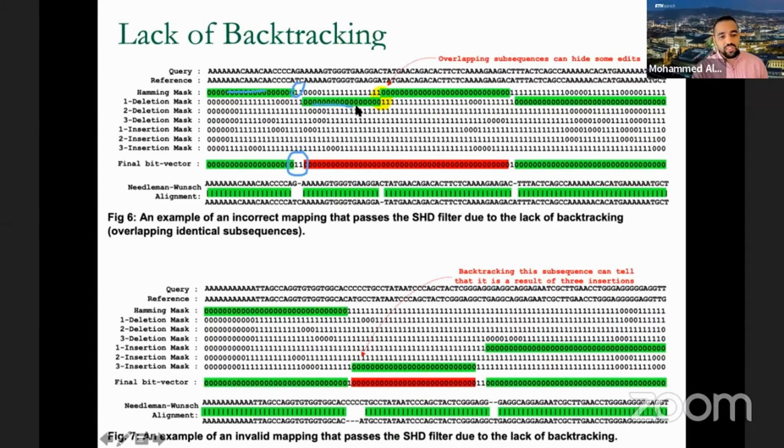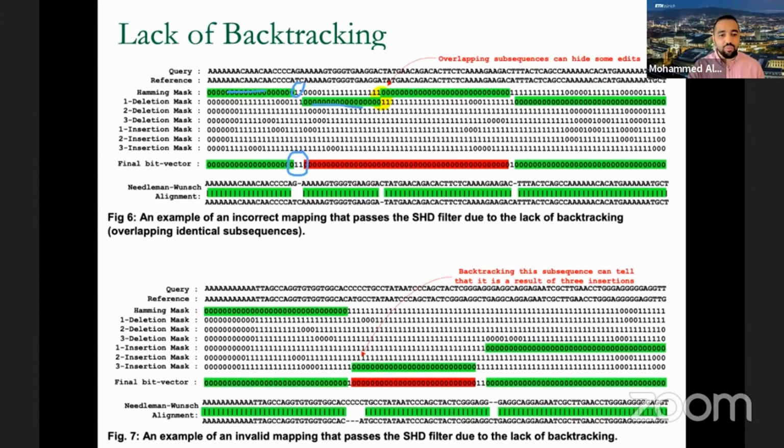all the way to the one deletion mask. Normally, if there is a switch from one mask to another mask, it means either insertion or deletion. It cannot be substitution. If substitution, it will remain in the Hamming mask, because the Hamming mask, we said, is perfect for substitutions. Now, since we moved to the one deletion mask, it means there was a deletion over there.